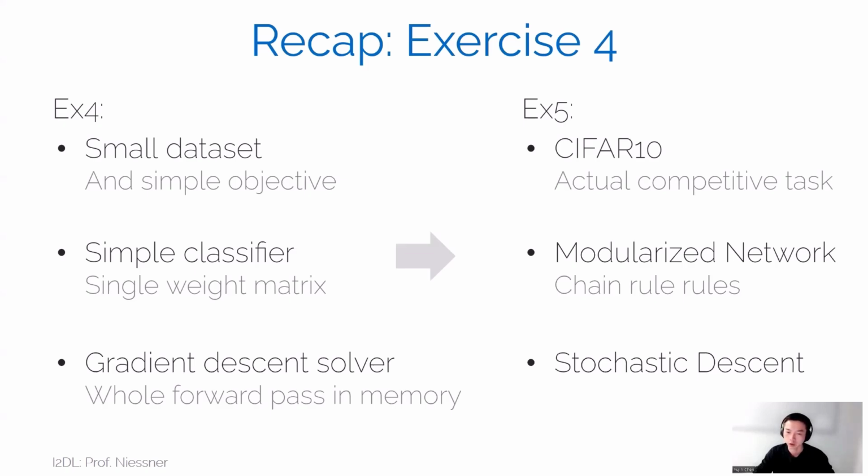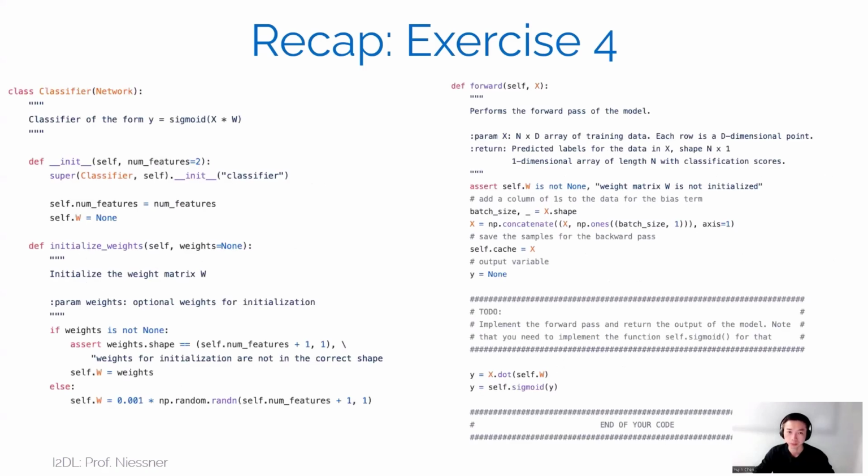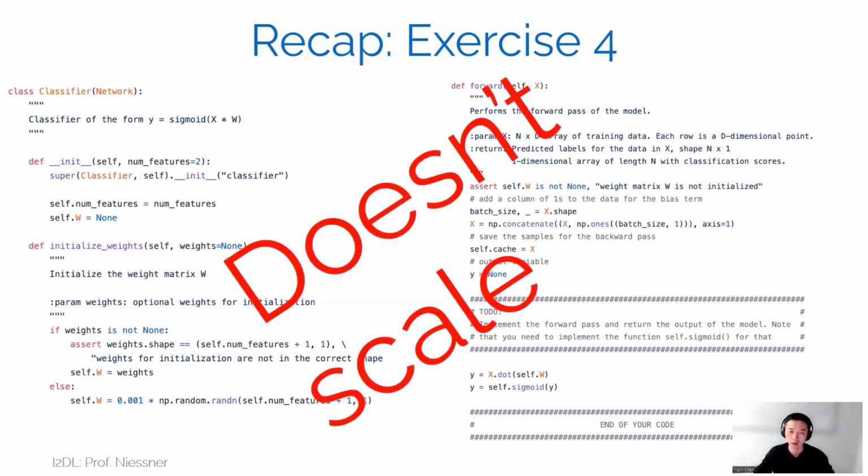It's actually a very popular solver or optimizer still used in deep learning projects. In exercise 4, you wrote everything together in the classifier class. Yeah, you do the forward pass there, but it's actually quite simple, and it does not scale to complicated projects with more layers or more functions.